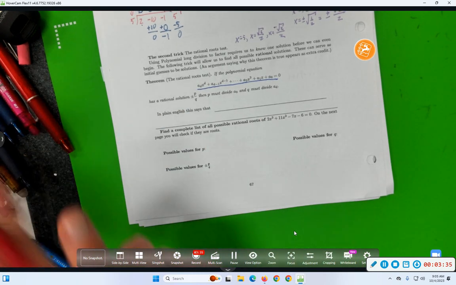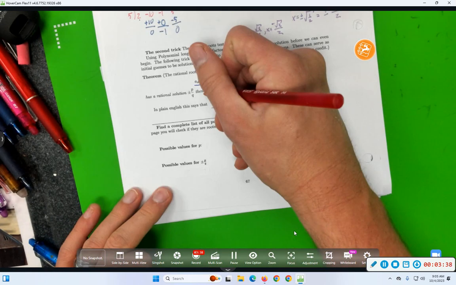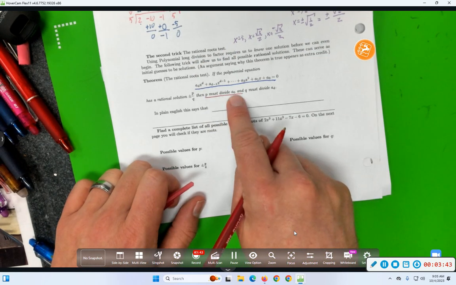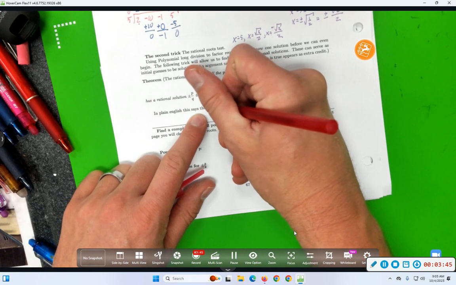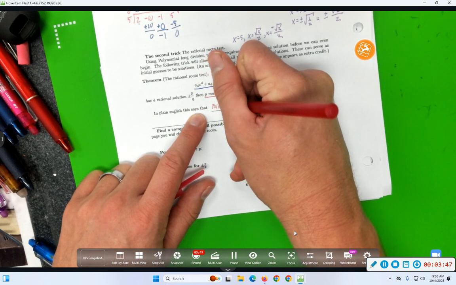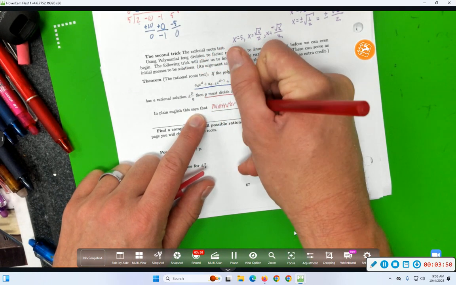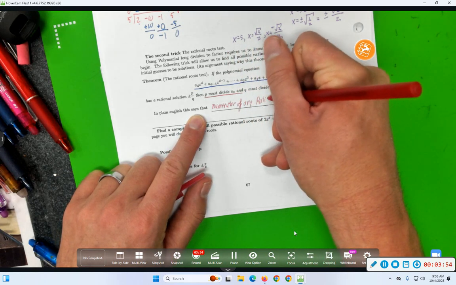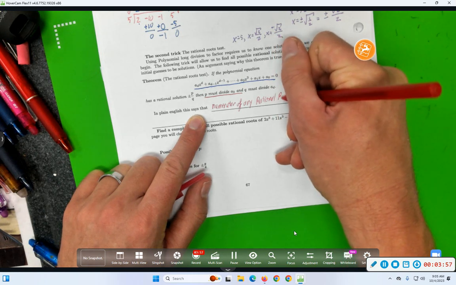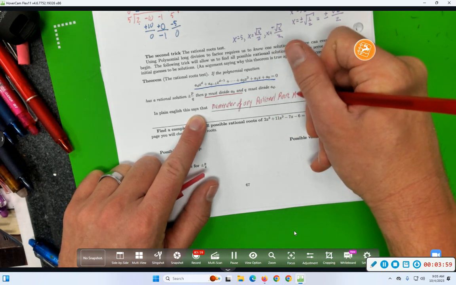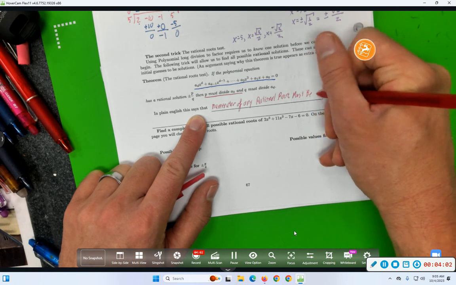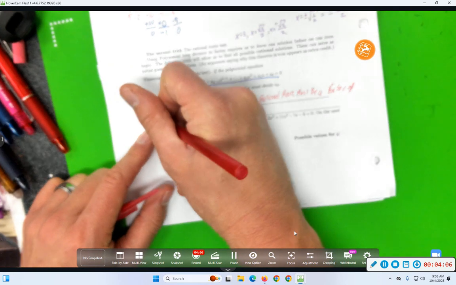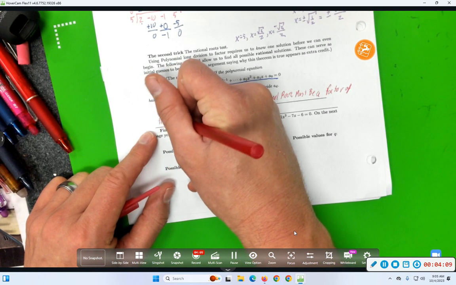And let's just put these two things into words. p has to divide a_0. So the numerator of any rational root must be a factor of the constant term.